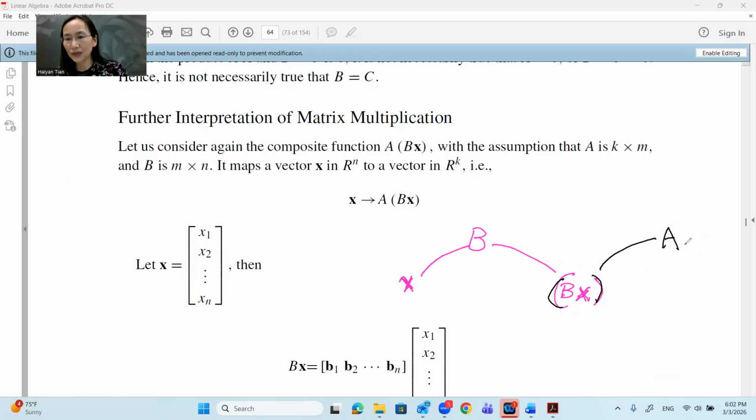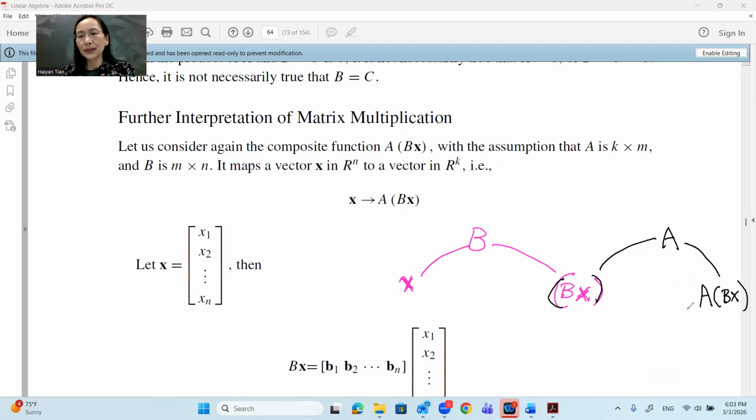So what is the image of BX? It will be A applied to BX, because BX is the input.